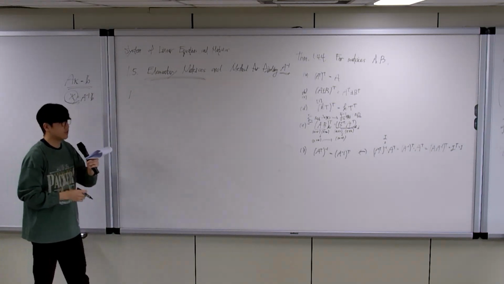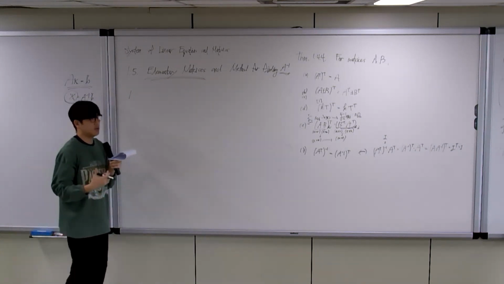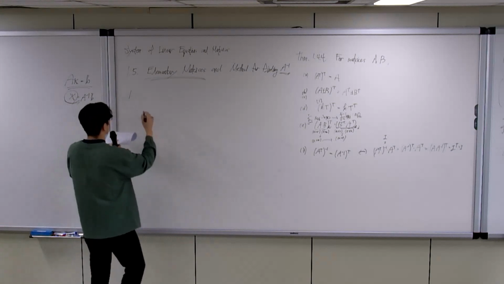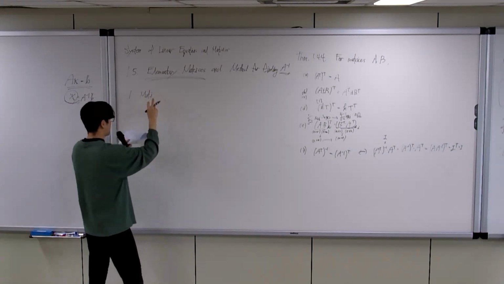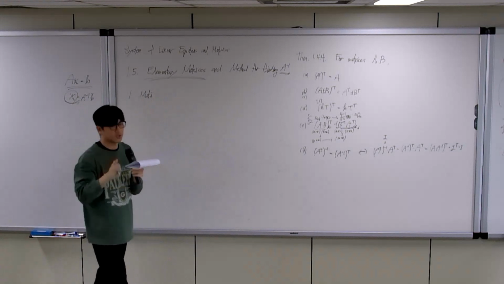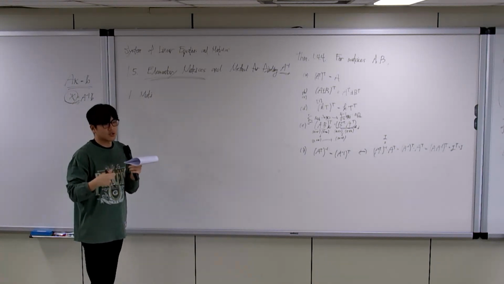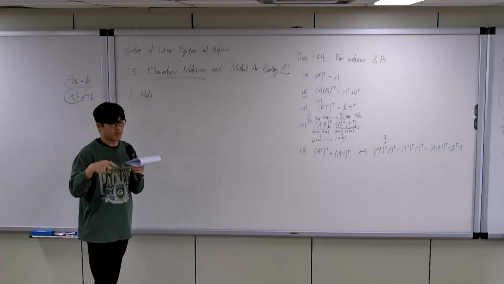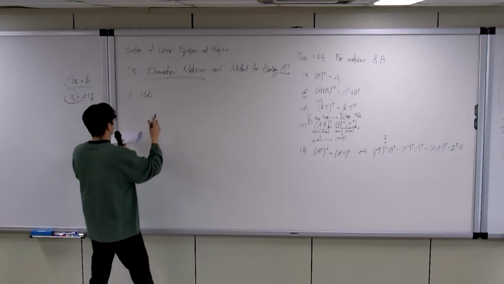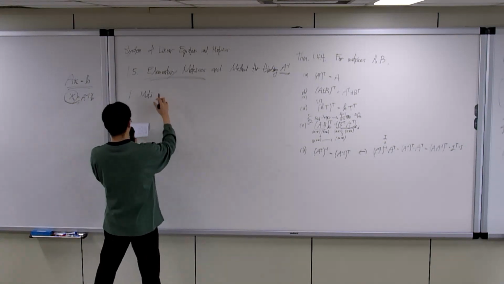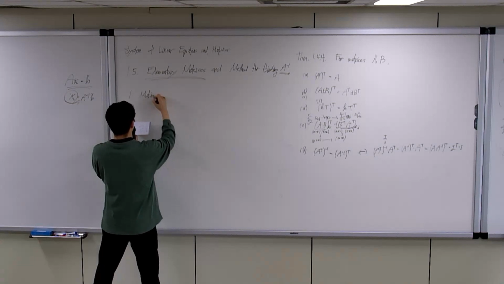First I will recap what we learned until now. For matrices, we constructed some operations called row operations, and there are some elementary row operations.